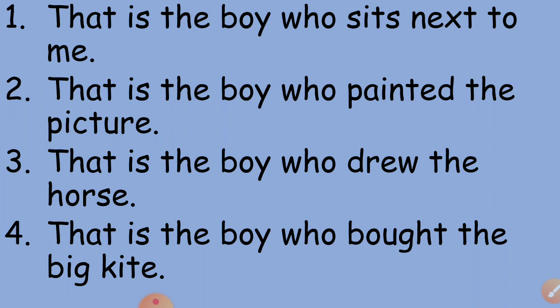Third sentence, that is the boy who drew the horse. Fourth, that is the boy who bought the big kite. Done?